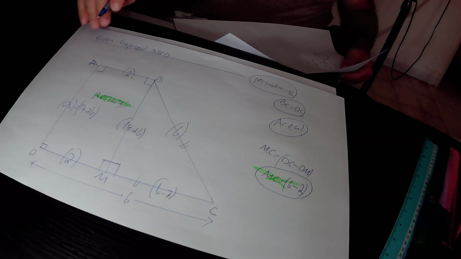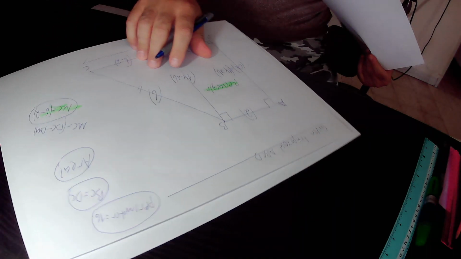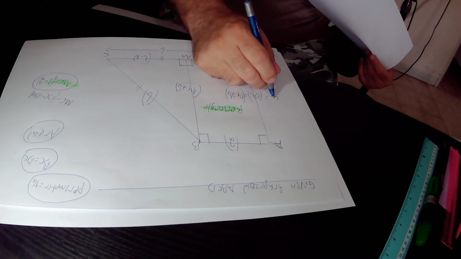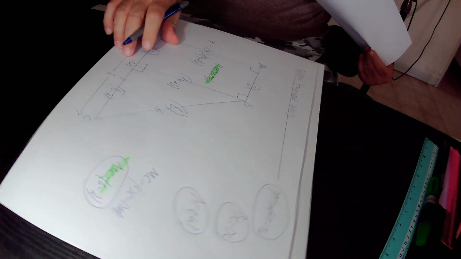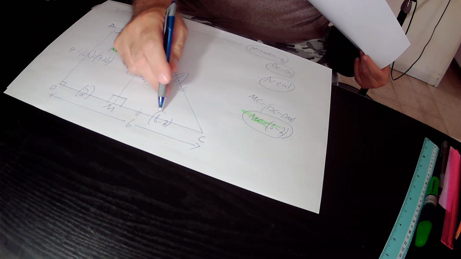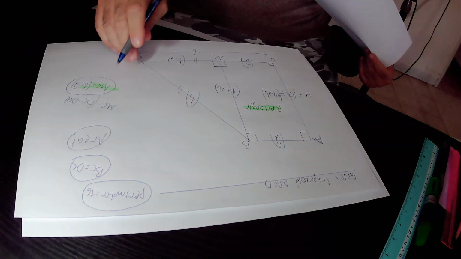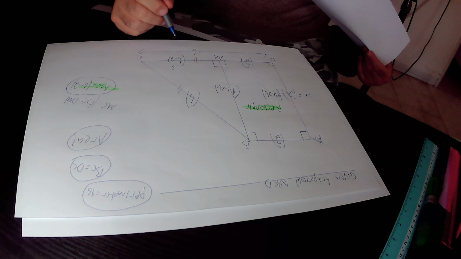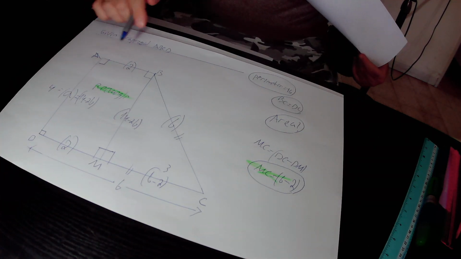So a equals 4 units. a is the height, it equals 4 units. Here we have b minus 2, that is 5 minus 2, that is 3. And we know that according to what is given in the question, AB equals 2.